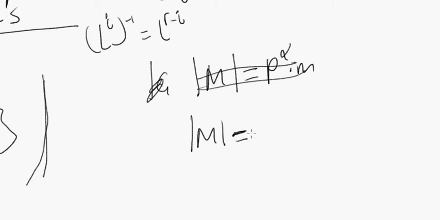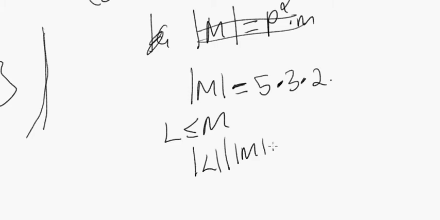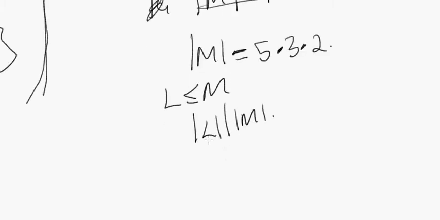Suppose we have a group M, and when we take the order of M, it's finite, so can we write it as a product of primes? Suppose we write it as a product of primes and it gives us, let's say, 5 times 3 times 2. If any subgroup L of M has the property that the order of L divides the order of M, what are the only possible values of the order of L?